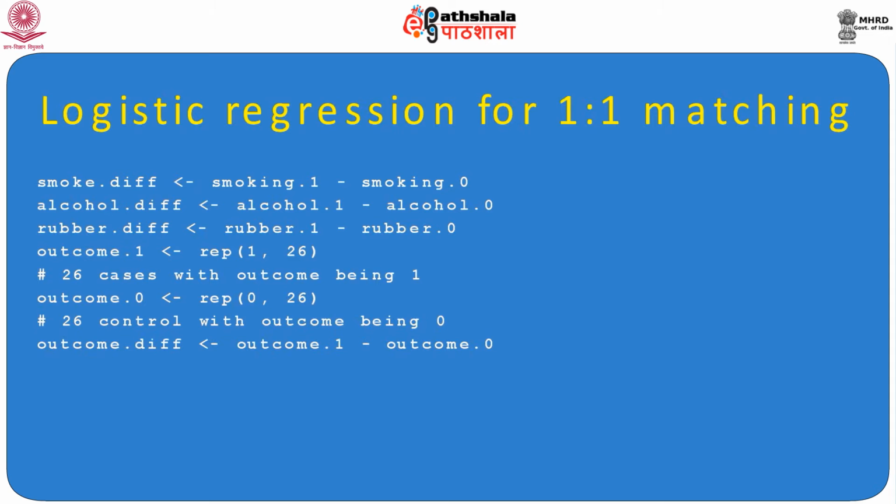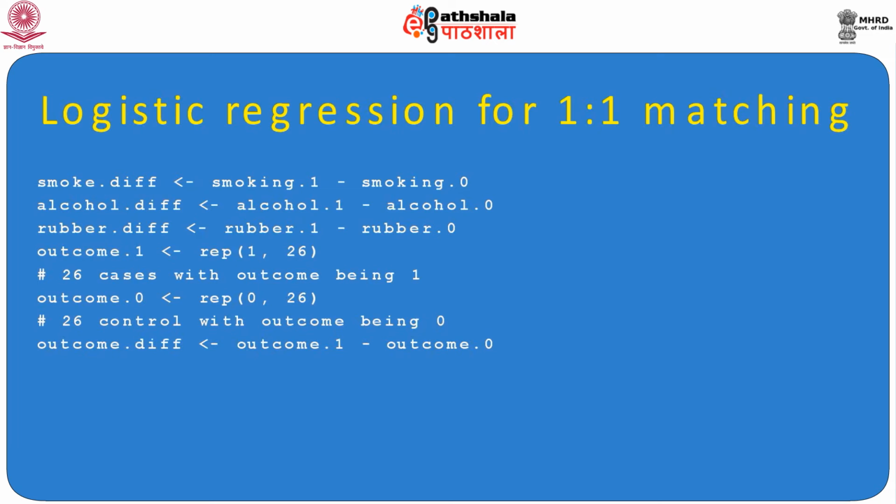The model fitting criterion can be stated by this 38.04, which is the AIC. Now in the same scenario, if we replace the covariate smoke.diff by alcohol.diff or by rubber.diff, then we can get a different AIC.